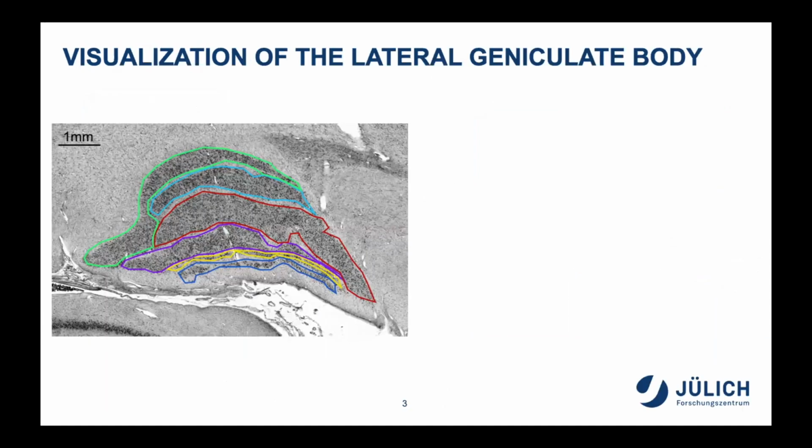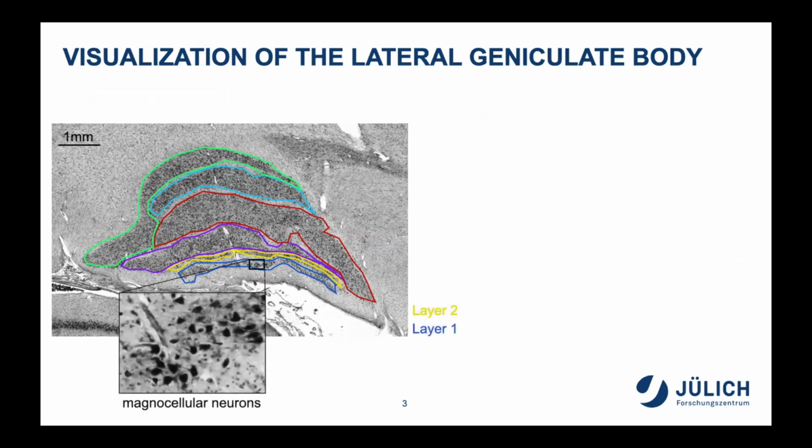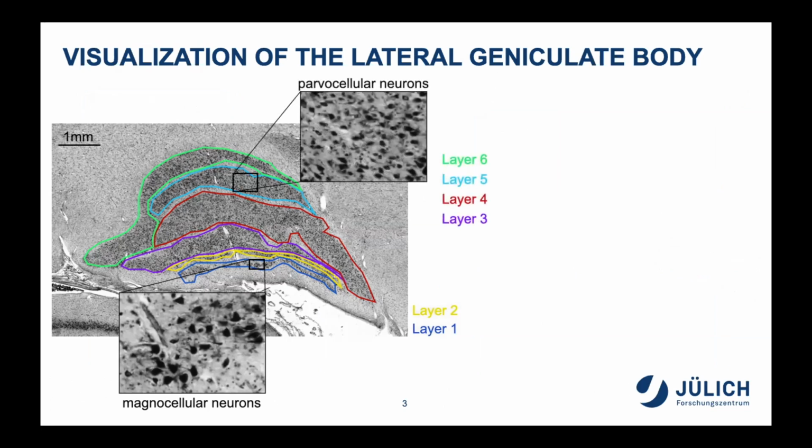Taking a closer look at the lateral geniculate body, you can see that it consists of 6 distinct layers, of which layers 1 and 2 contain magnocellular neurons, and layers 3 to 6 are considered parvocellular layers.